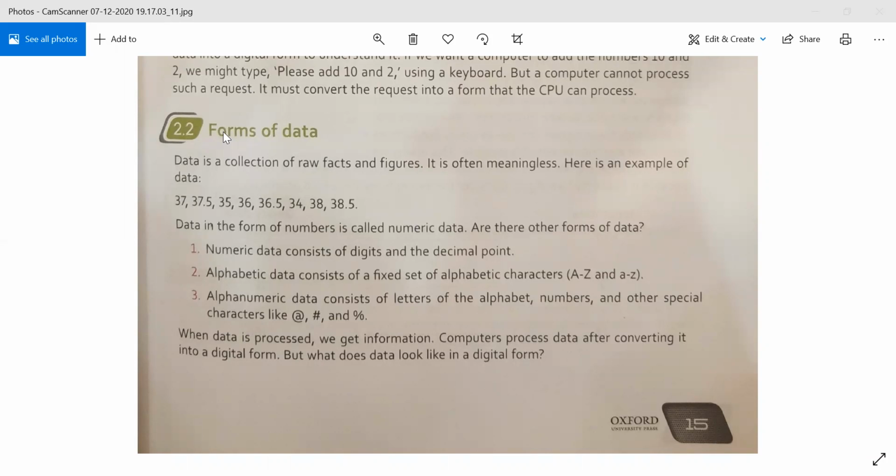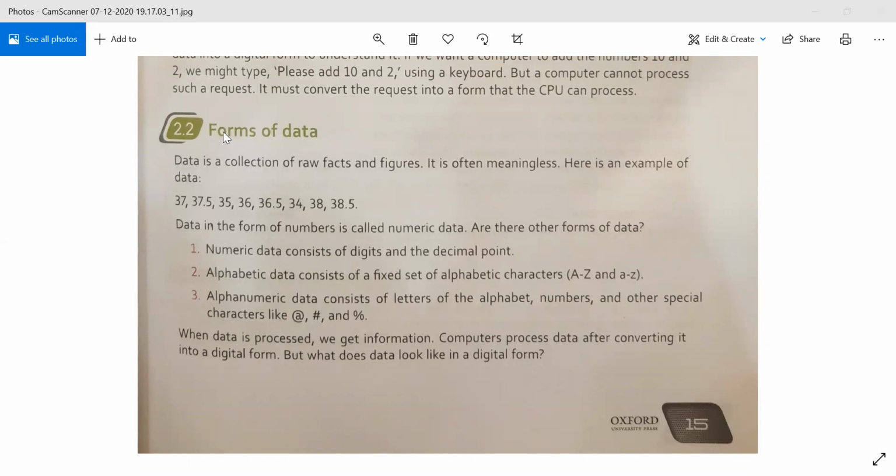Okay, now we will learn some more forms of data. As you have learned, numeric data consists of digits and the decimal point. Beta, numeric data can be in any form. It can be, for example, 37, the whole number, and it can be with a decimal point as well, 37.5.